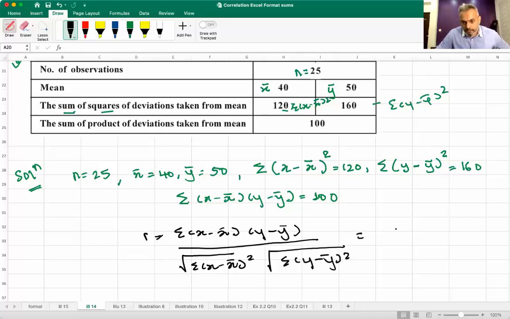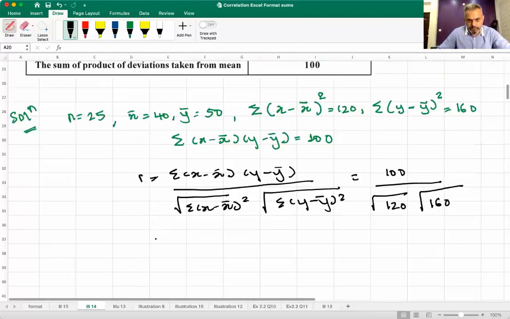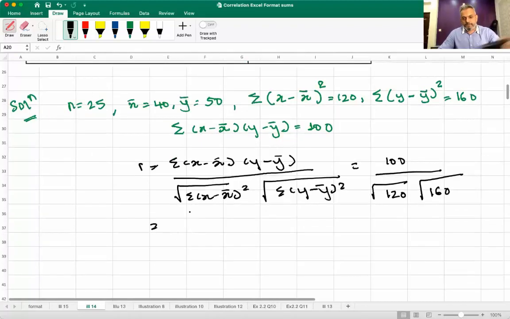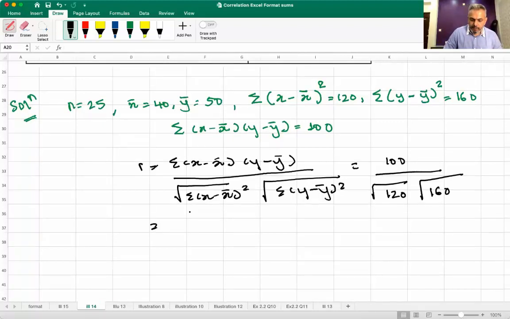Which is equal to 100 upon under root of 120 into under root of 160, which is equal to, let's find out, 120 into 160 is equal to 19,200 on the calculator.